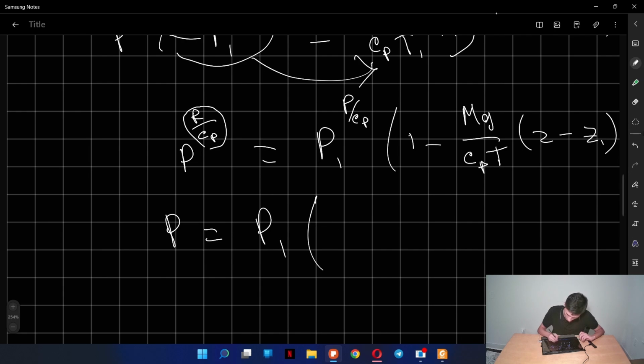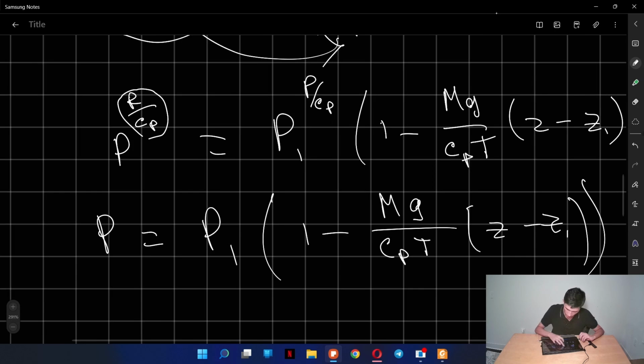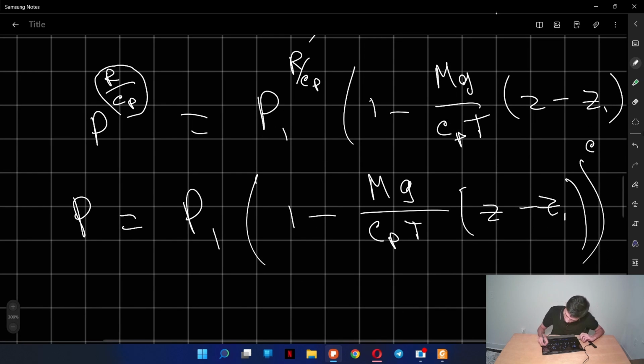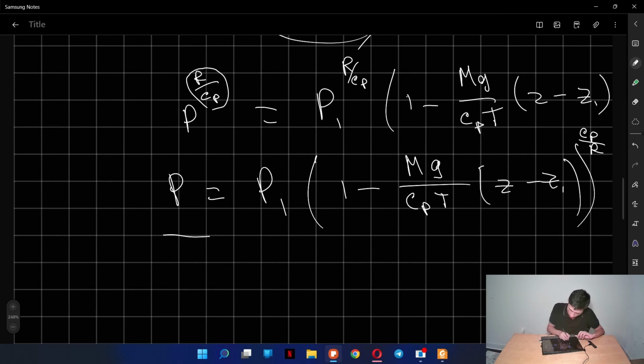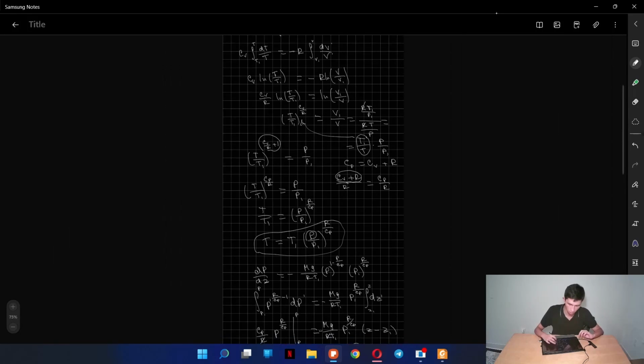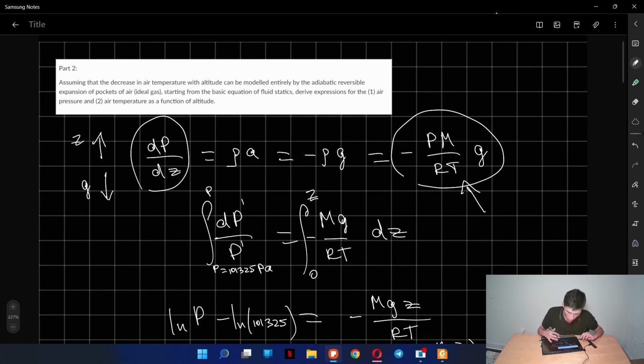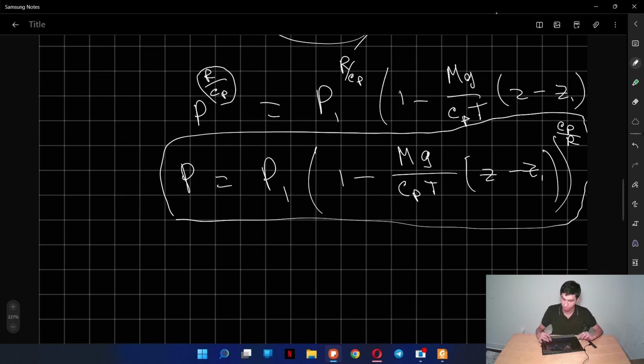And I'm going to have to raise the bracket to the power of Cp over R. And this thing right here is gonna be the answer for our first part of our question. So we now derive the expression for the air pressure as a function of altitude, where our altitude is z and this p is just a pressure.